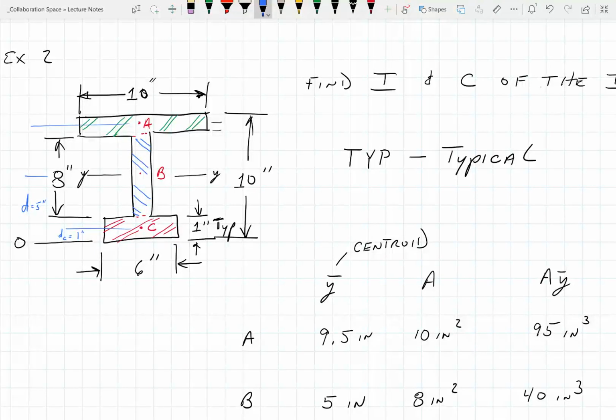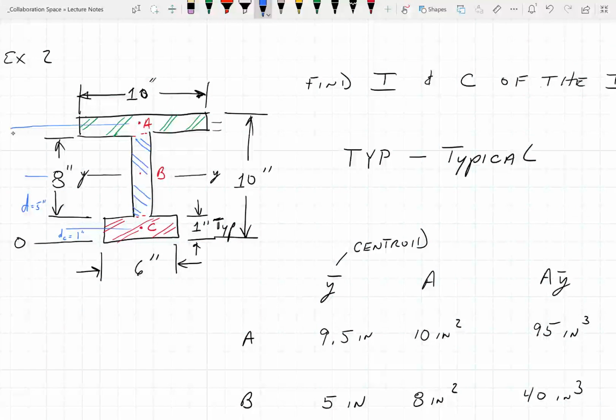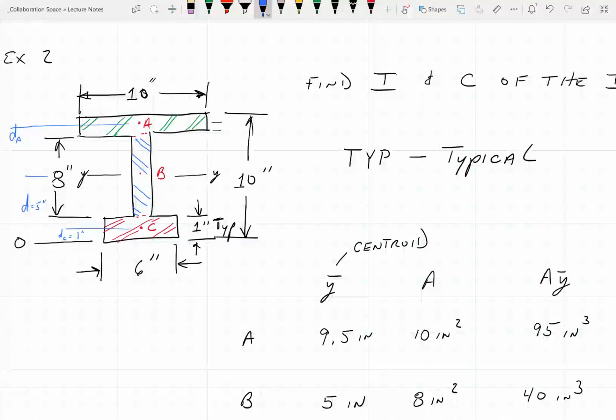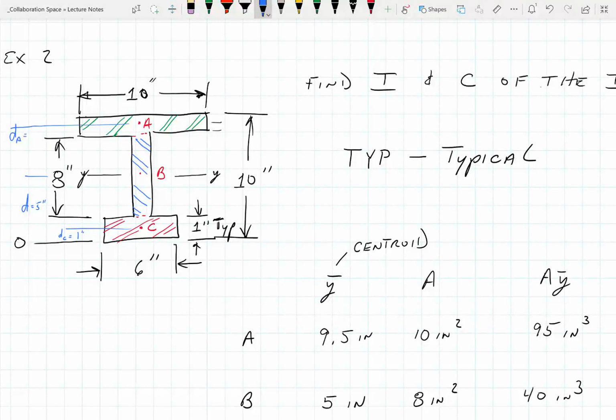And then D of A will be 1.8. What that does is locate the centroid of each object with its area relationship to where the baseline is. Okay, so the bottom is 0, we called it, but we could call it any place else. Yes, DC is 0.5. Thank you.